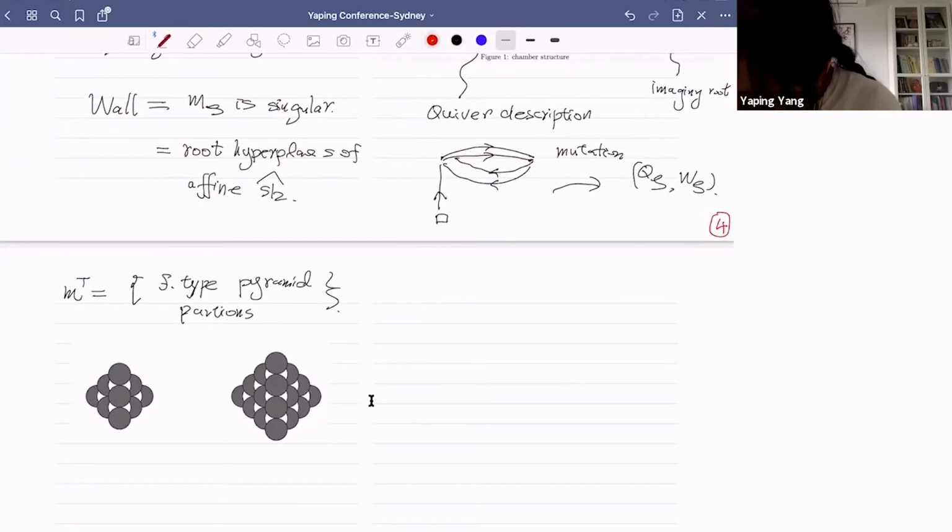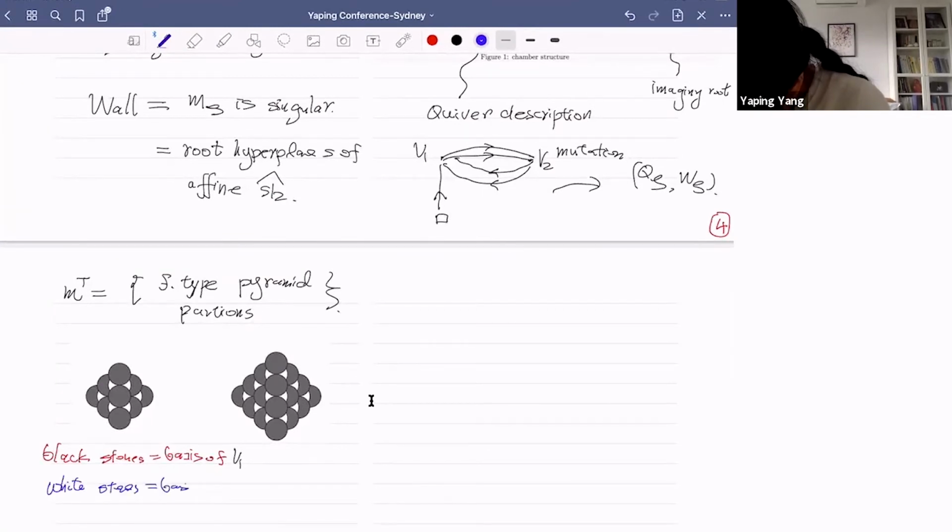If you see the black stones, that's the basis of one of the vertices. If this is V1 and this is V2, the black stones are the basis of V1, and the white stones are the basis of V2.